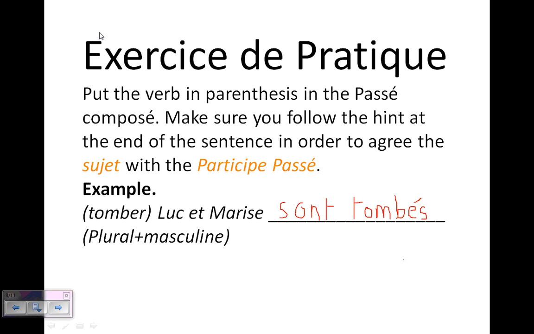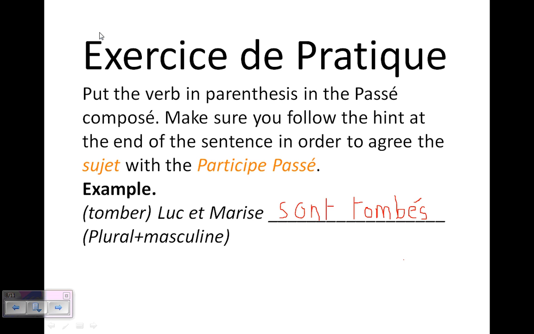Look at the example here. I'll give you tomber in parentheses, which is the verb that you have to conjugate, and then I'll give you the subject, Luc et Marie, and look underneath, in parentheses, I'll give you plural masculine. I'm telling you that it's already plural and masculine. Luc et Marie sont tombés, because it's masculine, and because it's plural, it adds an S. See that Luc is masculine, Marie is feminine, and when you agree the past participle, it doesn't take an E even though Marie is feminine.